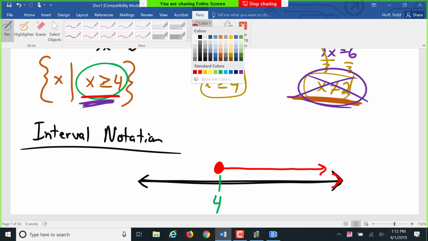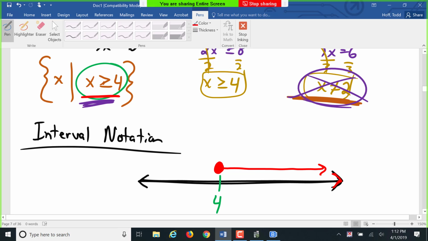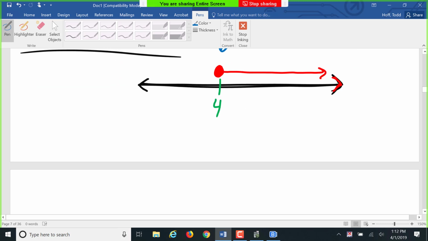Well, there's other notation that can be used for this open dot and closed dot. An open dot is equivalent to a round bracket end like that. A closed dot is equivalent to a square bracket end like that.